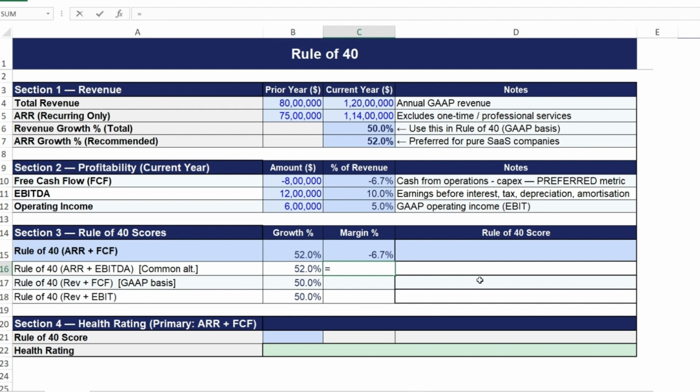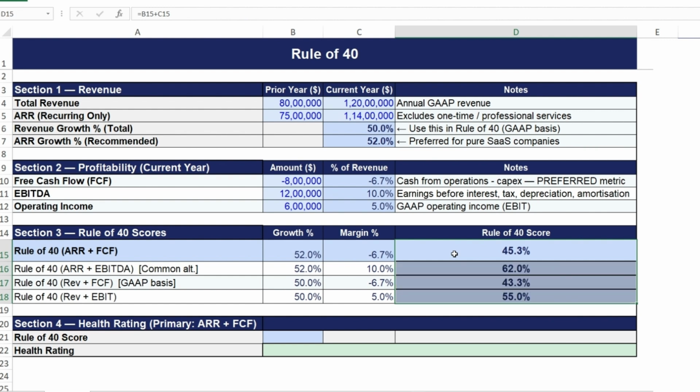Then we will be calculating it as per EBITDA, which is a common alternative used. Then again FCF minus 6.7%, and then EBIT, which is nothing but operating income. So we will simply sum these two values to get our result, and we will drag the formula down.